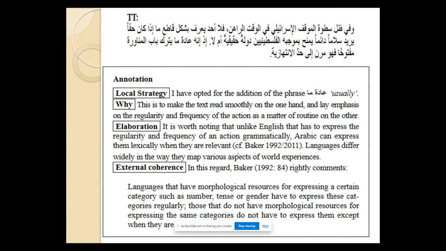External coherence: in this regard, Baker rightly comments, languages that have morphological resources for expressing certain categories such as number, tense, or gender have to express these categories regularly. Those that do not have morphological resources for expressing the same categories do not have to express them except when they are required.